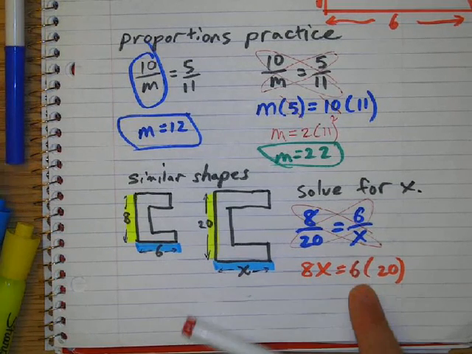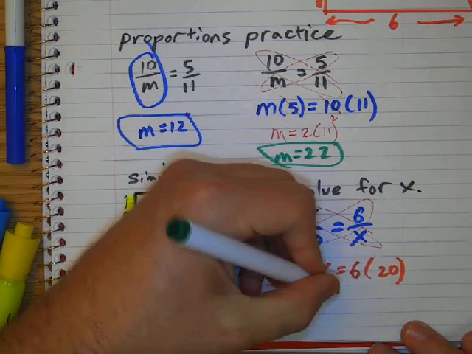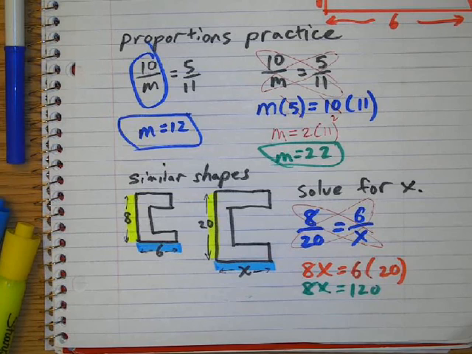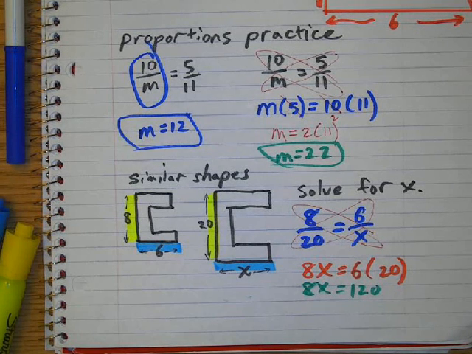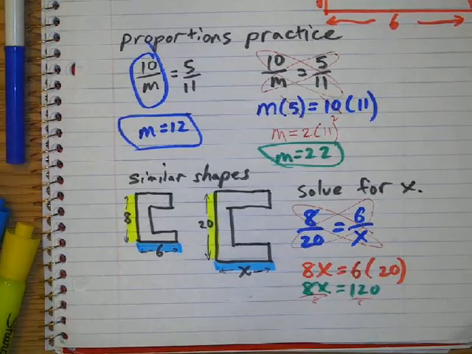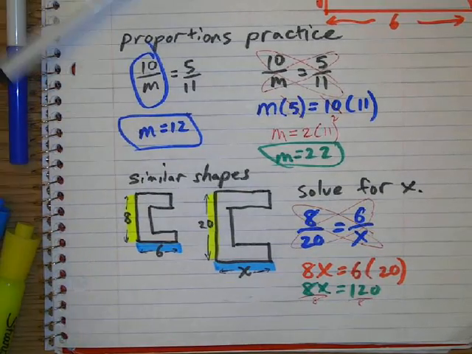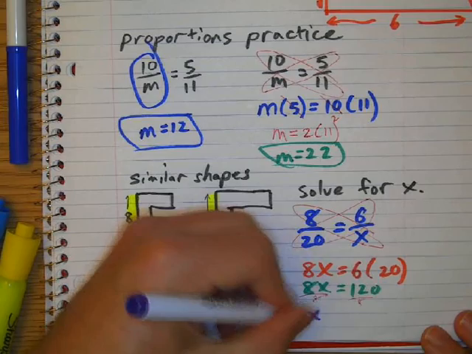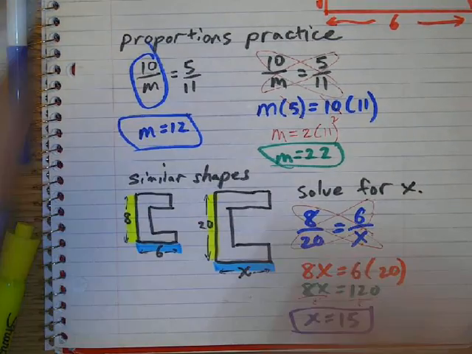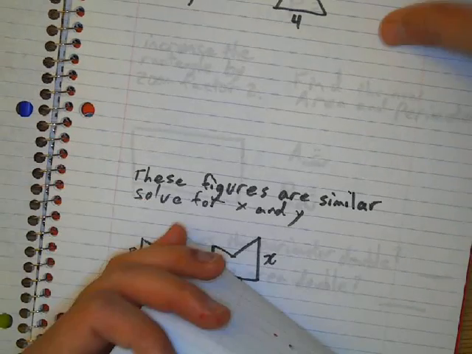Okay, well, 6 times 20 is 120, so I have 8x equals 120, and if I do 120 divided by 8, we get 15. So if we divide both sides by 8, we get x equals 15. Okay. Make sure you hit pause if you need extra time to write things down.